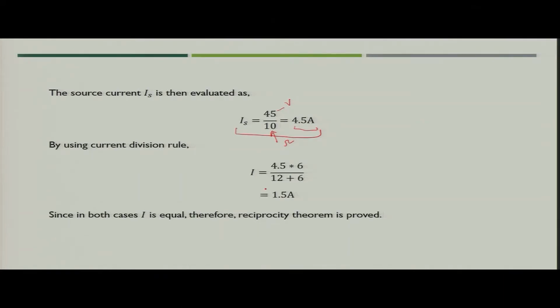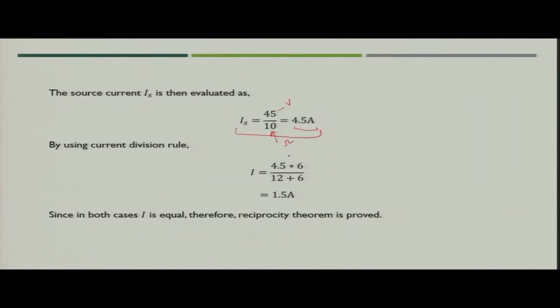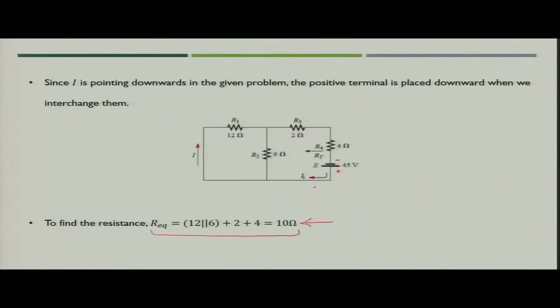Now by current division rule, you can again find out what would be the value of current I. So, we will follow again the current division rule, and we will say that the value of current I is again 1.5 ampere. So, you can see from here that you need to find out the value flowing in the short circuit segment. So, this would be the 12 ohm and 6 ohm.